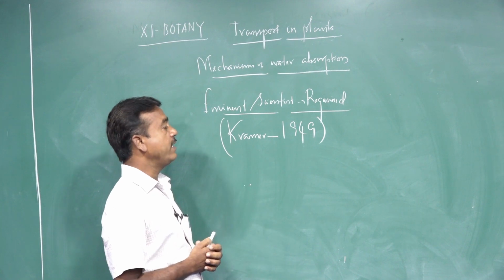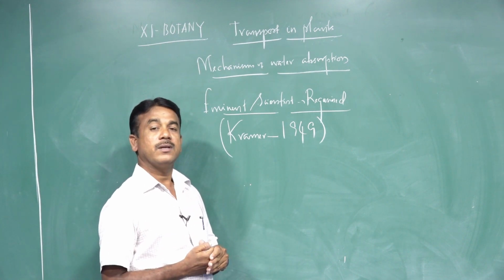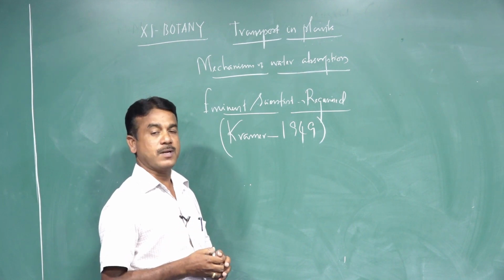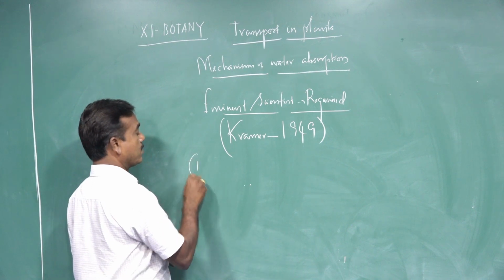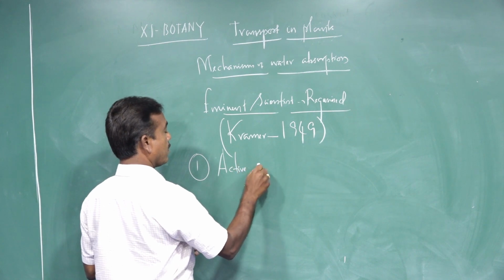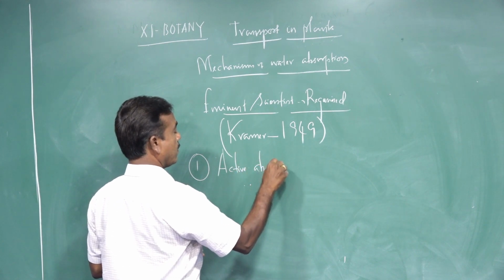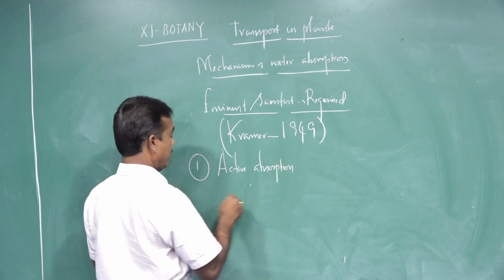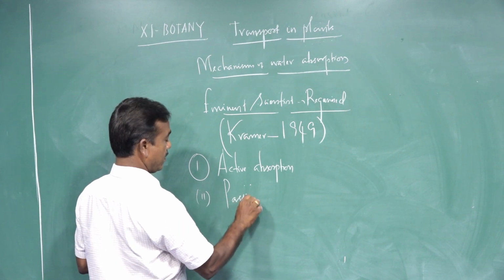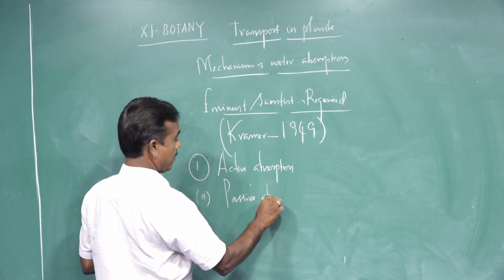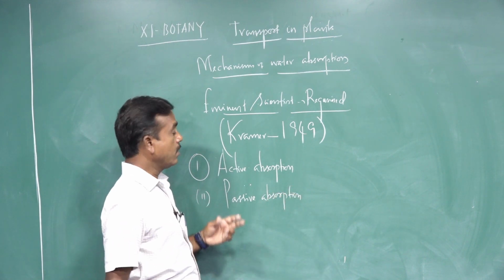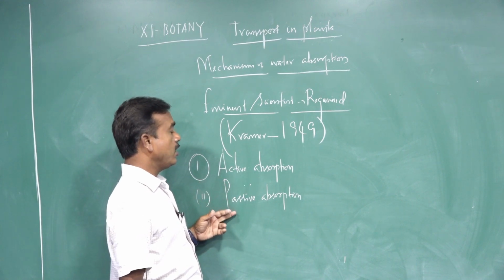Kramer, in 1949, recognized two distinct types of absorption, namely active absorption and second, passive absorption.